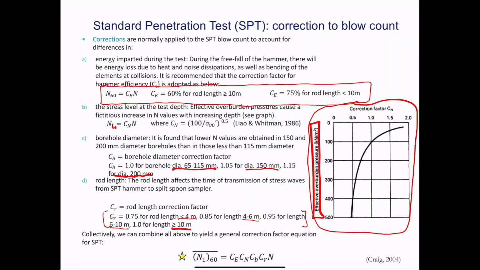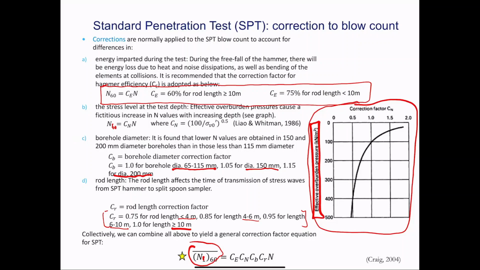So how do we correct for a holistic N60 value? Or you can have N160. For me, and for this class, there's no big difference. You can get a generalized correction by just multiplying the 4 correction factors, C subscript E, C subscript N, C subscript B, and C subscript R, by your measured N value from the 300 millimeters during your test, right?